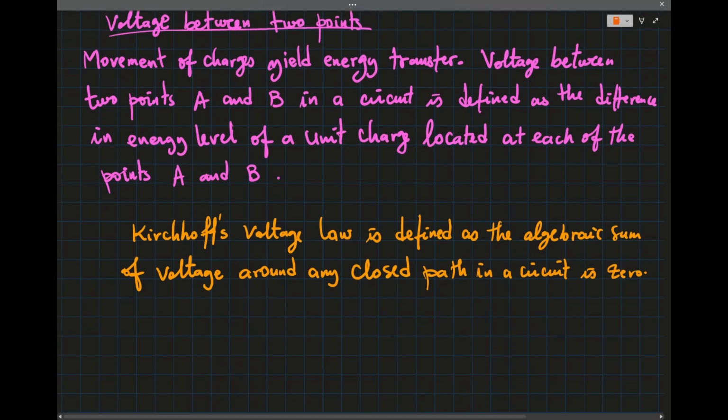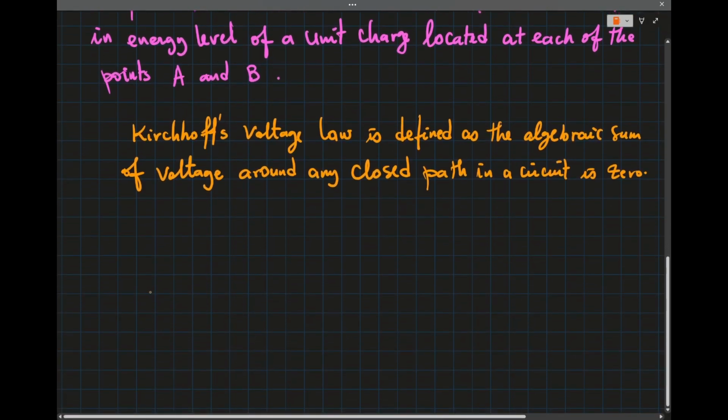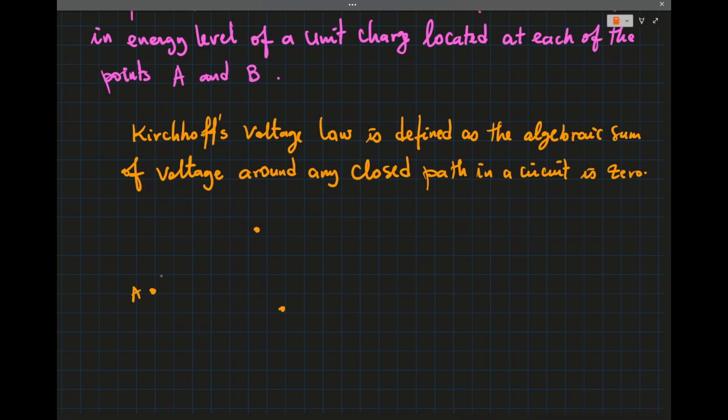Now let's say I have points A, B, C, so A here, B here, C here, and I have a charge Q, and I'm moving Q around this loop.